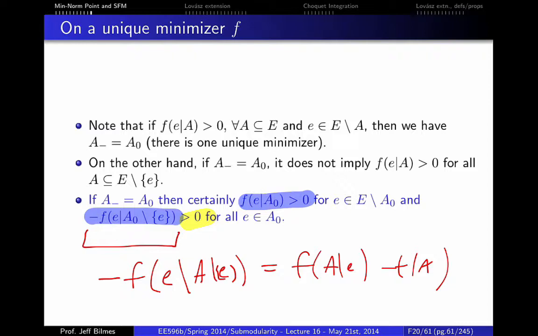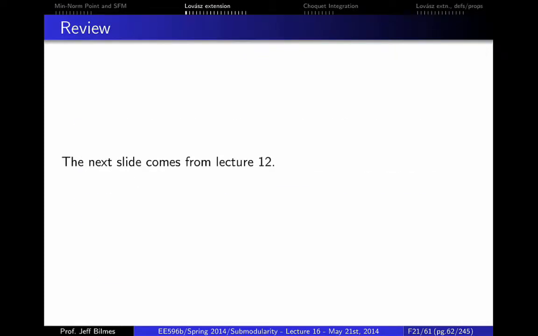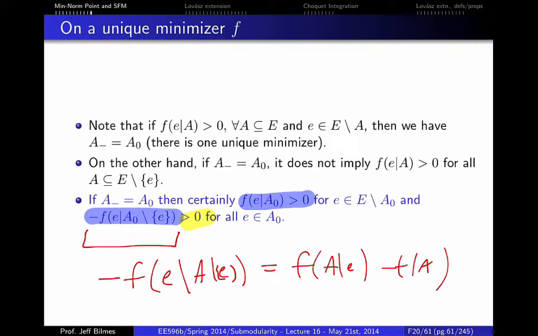And that has to be the case if they're the same. Why? Because if you remove anything, it's got to get bigger. Okay. Any questions? So we now know how to do submodular function minimization, right?